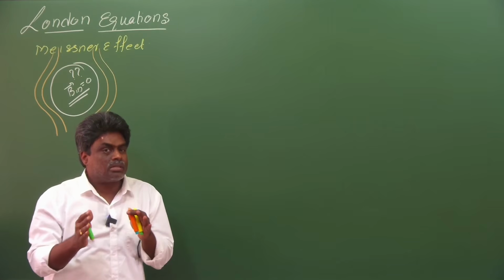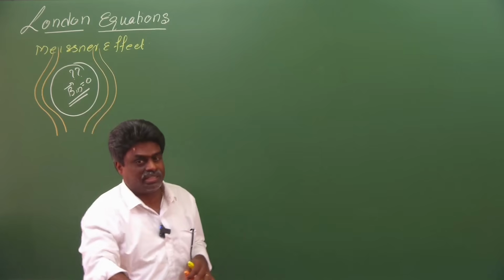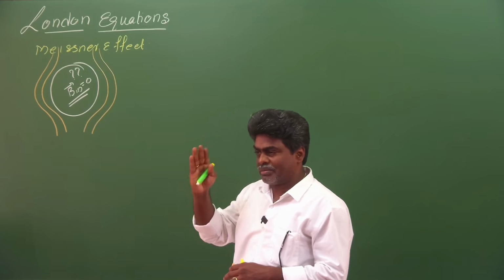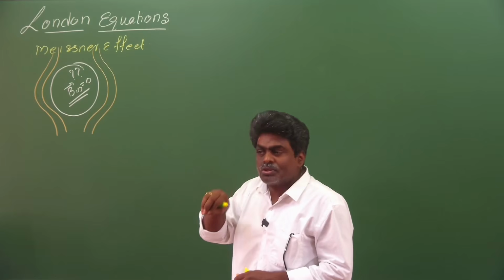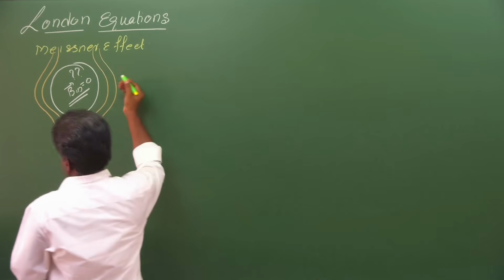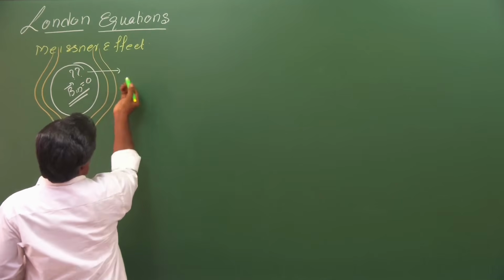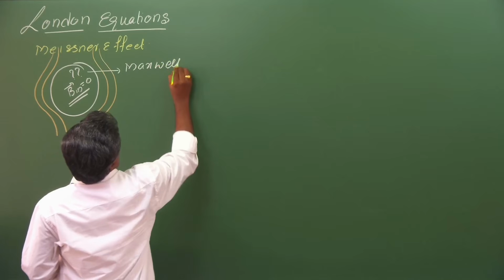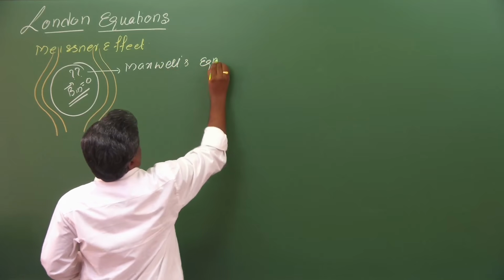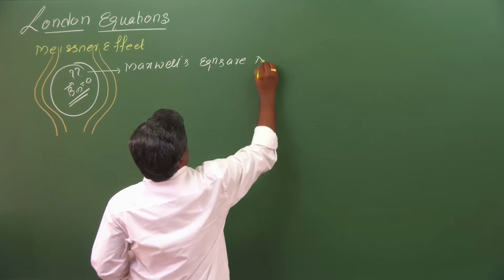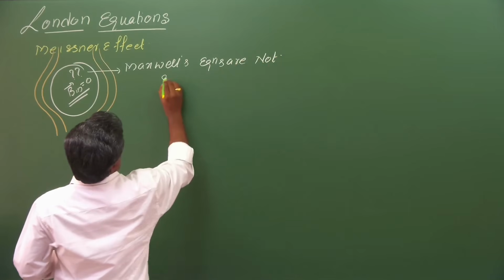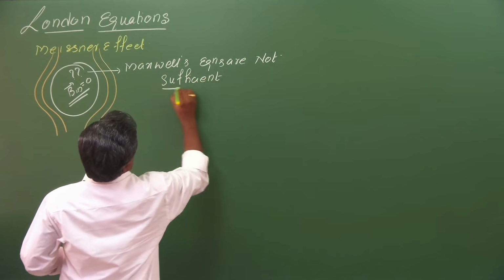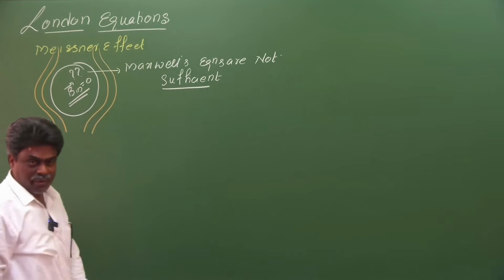Maxwell's equations are not sufficient to explain why the magnetic field is becoming 0 inside the superconductor. We need another set of equations called London equations.